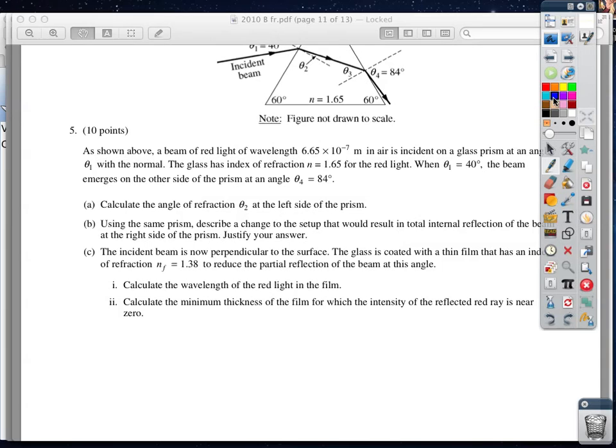What is the bridge between light out here and light in here? What is the thing that tells you the relationship between those two lights?